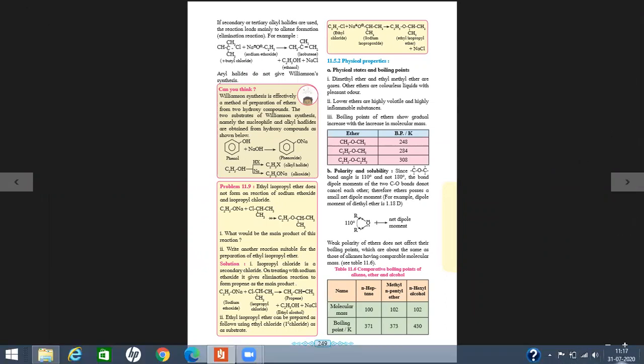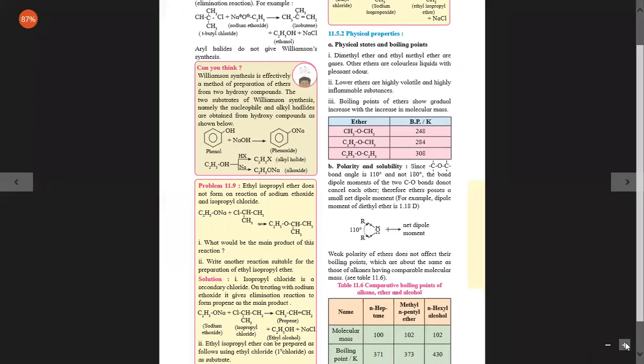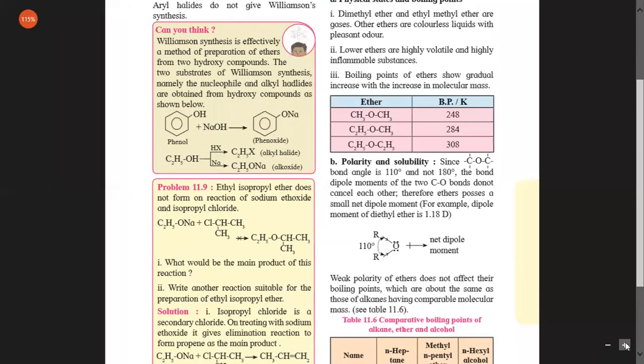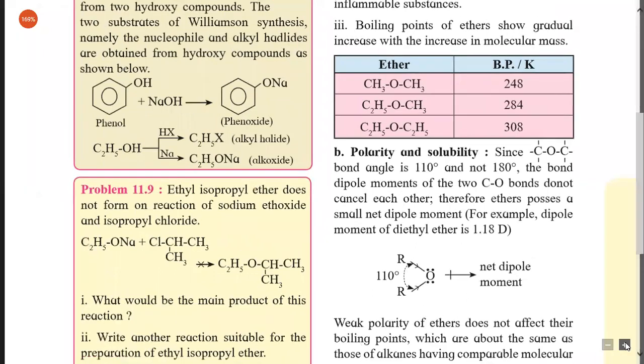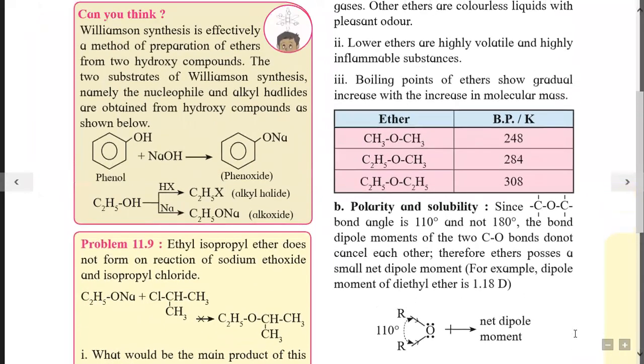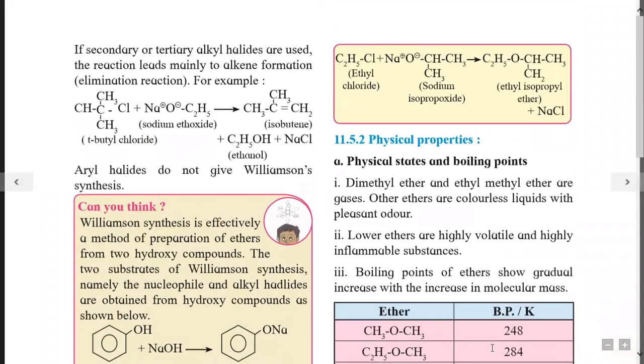Now, the alkyl halide used here is primary, and the alkoxide is tertiary. In the opposite way, if you use alkyl halide as tertiary, then as I told you, instead of ether we get alkene as a product, that is isobutene here, and the other products are ethanol and sodium chloride.